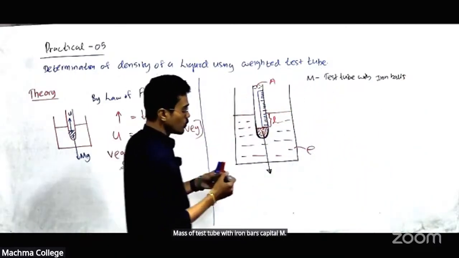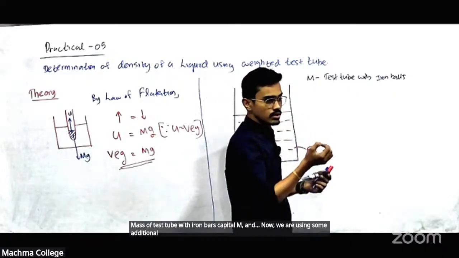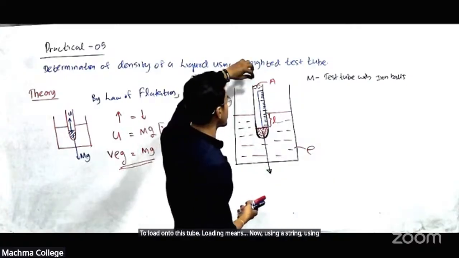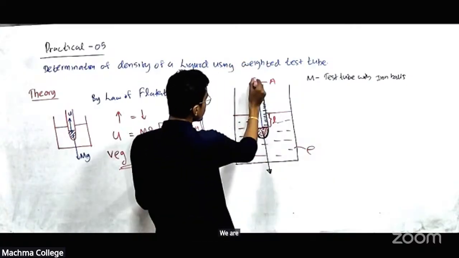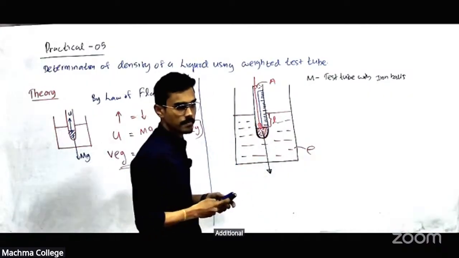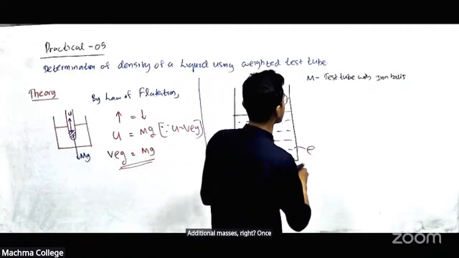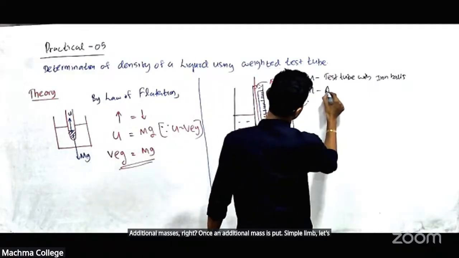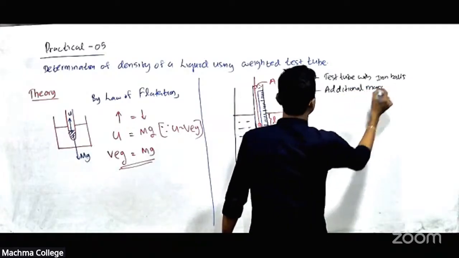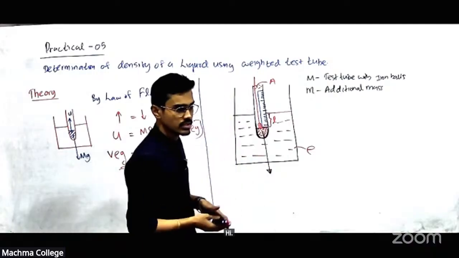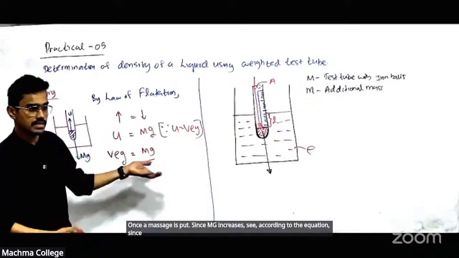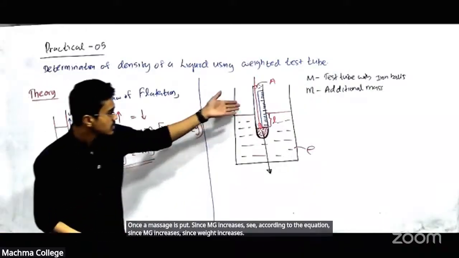And now we are using some additional masses here to load onto this tube. Loading means using a small string, we are loading masses into the test tube like this. Additional masses. Once a mass is put, since mg increases, since weight increases, this goes down further.